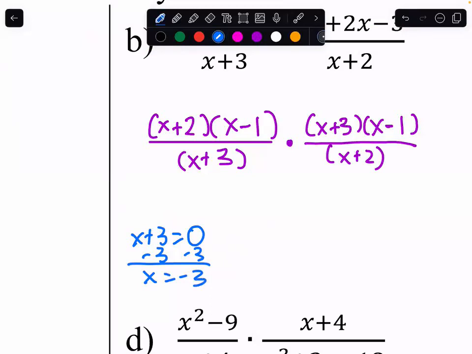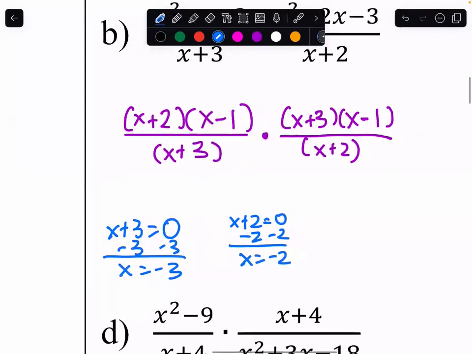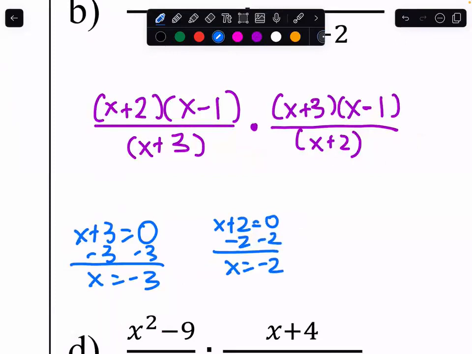This denominator becomes 0 if x is negative 3. I also check this denominator, and I get x equals negative 2. So those are the EVs for this problem. X cannot be negative 3, and it can also not be negative 2.